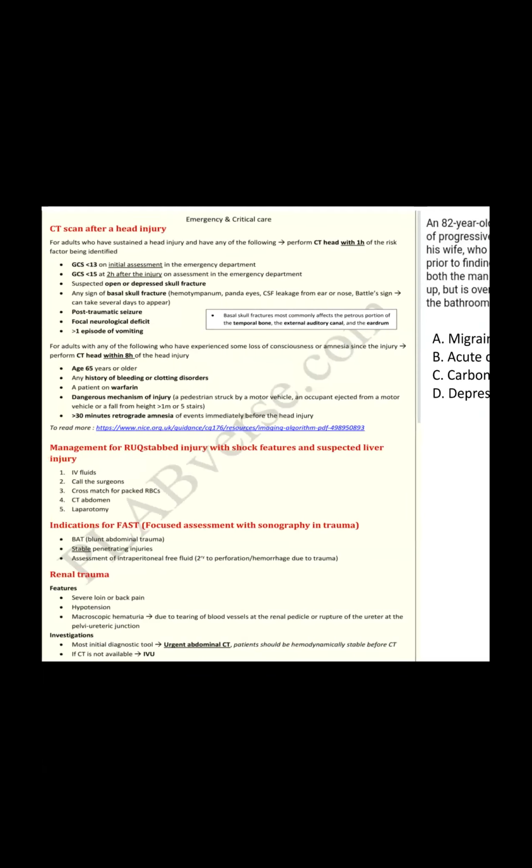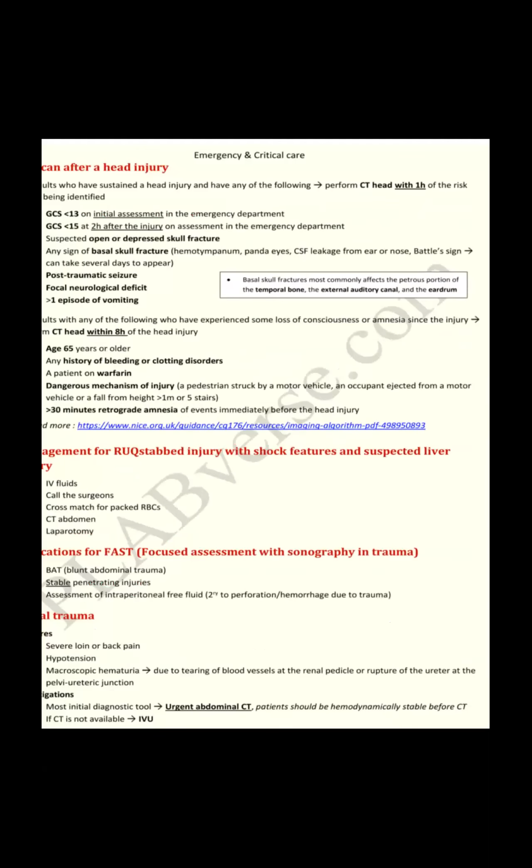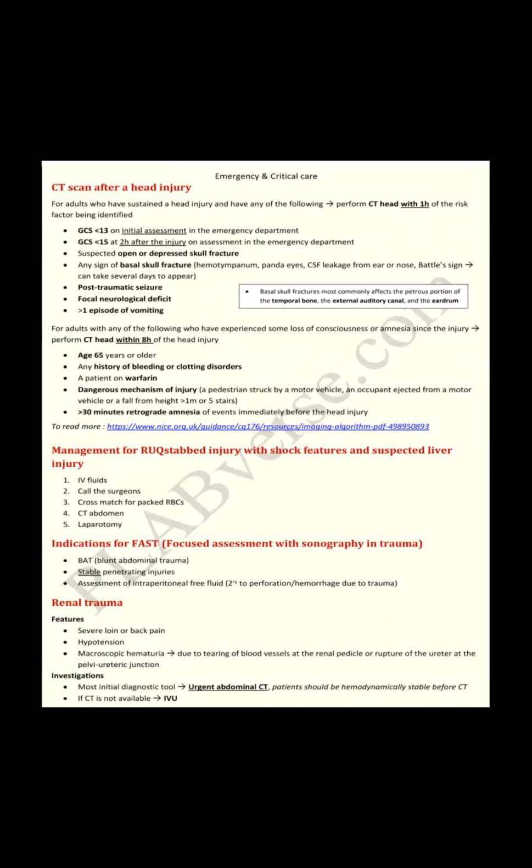Thank you, my dear. So, CT scan after a head injury. Exam question, my DHA candidates. Just remember, they ask CT scan two ways, either as a pediatric question or an adult question.